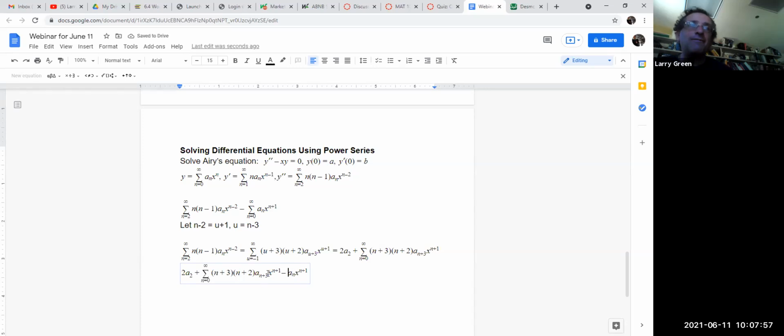And then I can factor out the x to the n plus 1. And that's kind of the whole point of all this stuff. So it's equal, and I can factor out the x to the n plus 1, if the computer lets me do it.